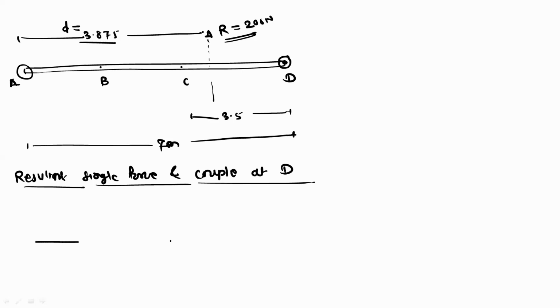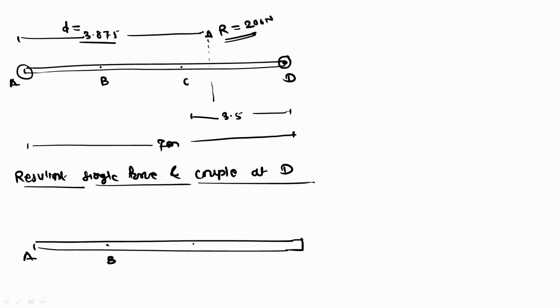So draw the diagram for the beam ABCD, and shift this resultant as it is to point D. So this is R equal to 200 Newton. And then take the moment about the point D. So for that, find out this perpendicular distance.